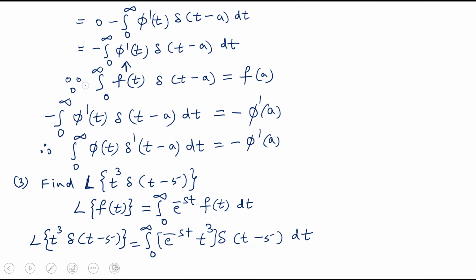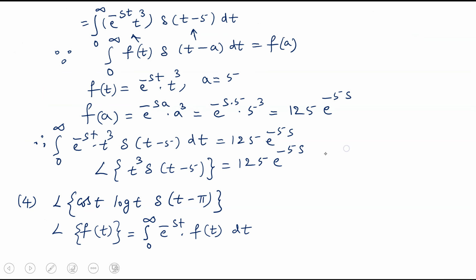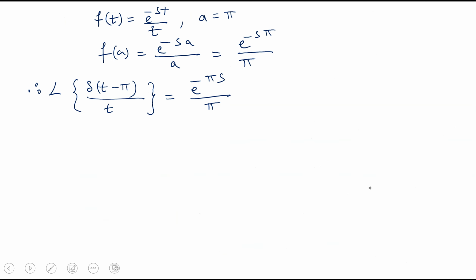The last question, the sixth question, is: find Laplace transform of e power minus pi t into delta of t minus a.